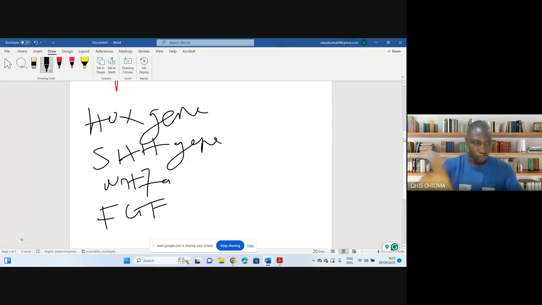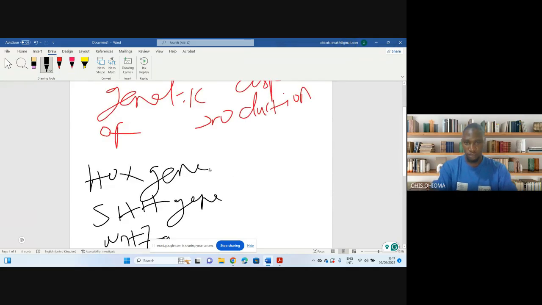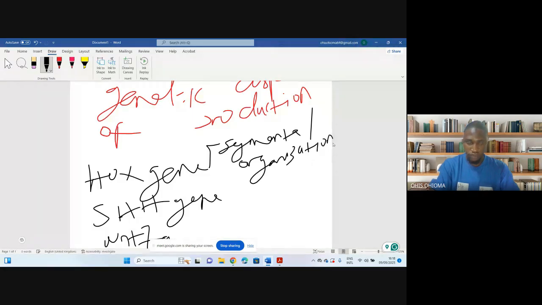So what do you need to know about the Hox gene? So basically the Hox gene helps with what we call segmental organization of the fetus. What do I mean by segmental organization of the fetus, right? So basically what happens here is that you have segments. So we have fractions, we have parts.